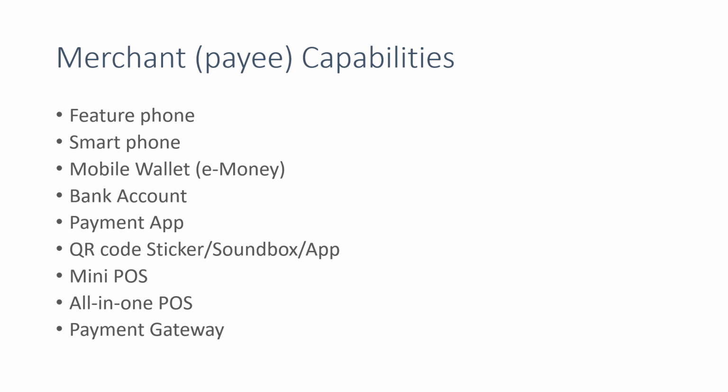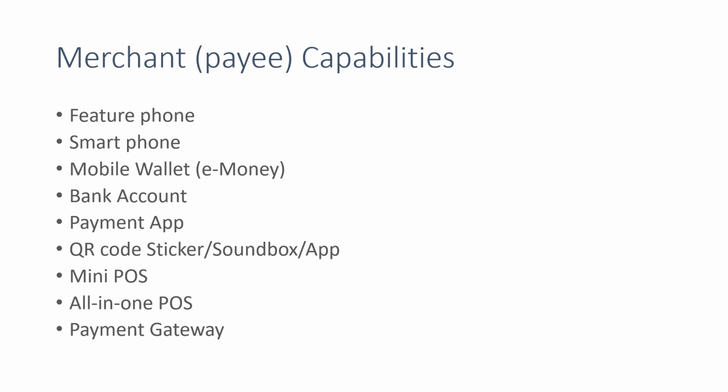If the merchant has multiple stores, then they might be looking for a payment method that has one backend wherein they can consolidate all the payments. Or if they have an online store, then they might be looking for a payment gateway.